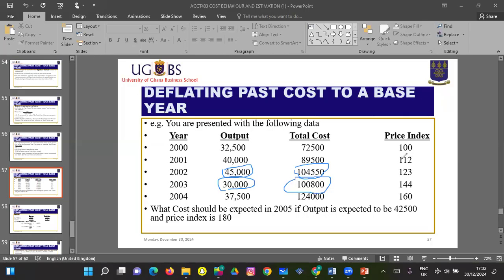Then we take the indexes into consideration, so we are going to deflate this first. And later on, the question is what cost will be expected in 2005 if output is expected to be 42,500 and a price index of 180, right? So that's what we are coming to do now.